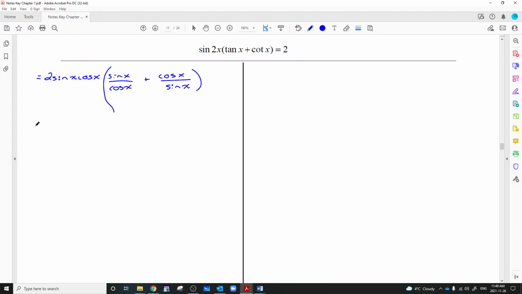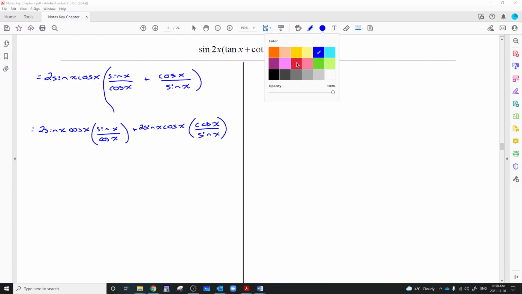Okay, now I'm going to distribute. I've got 2 sine x cos x getting multiplied by sine x over cos x, and I've got 2 sine x cos x getting multiplied by cos x over sine x. And now I'm going to simplify.